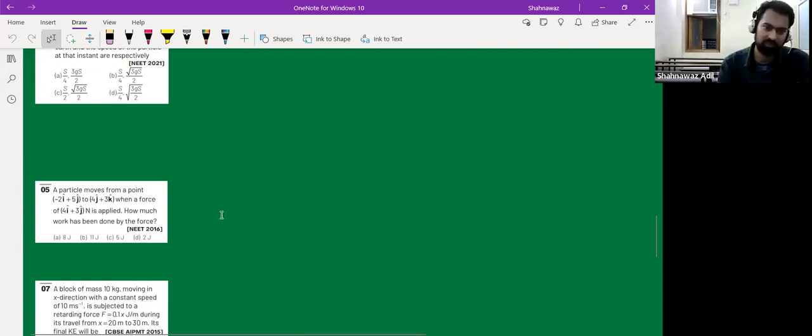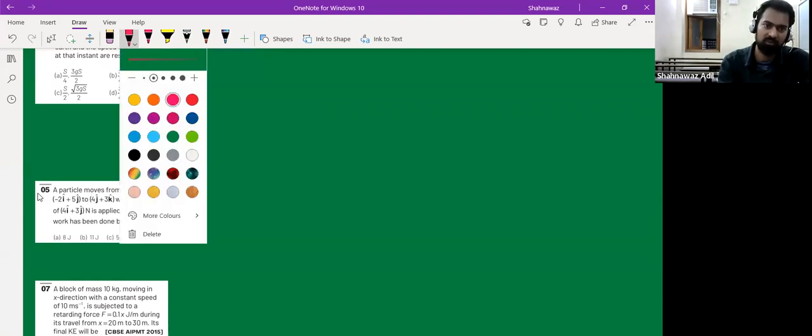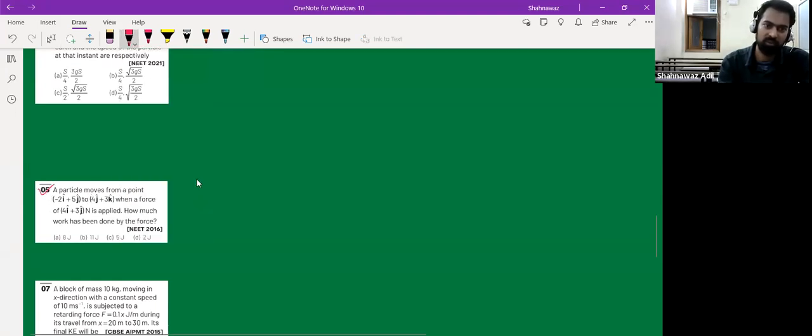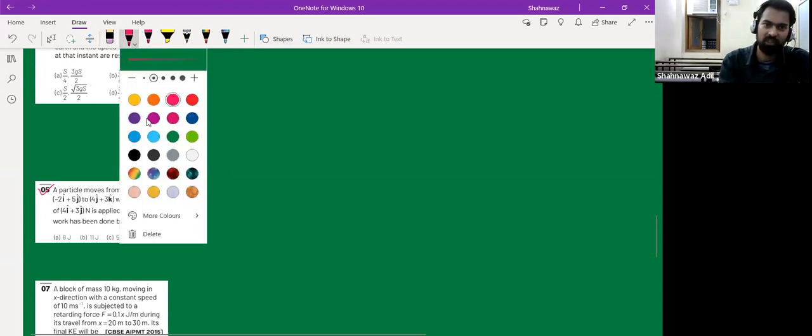So take this question, this one. This is a similar kind of question, right? So the position vectors are given.